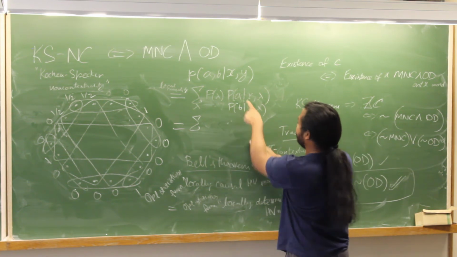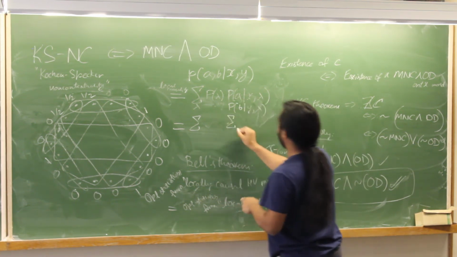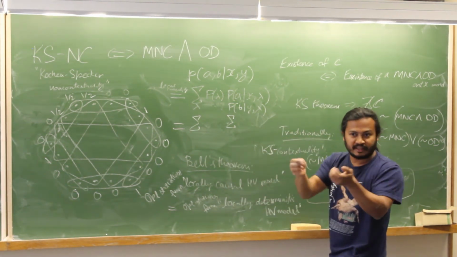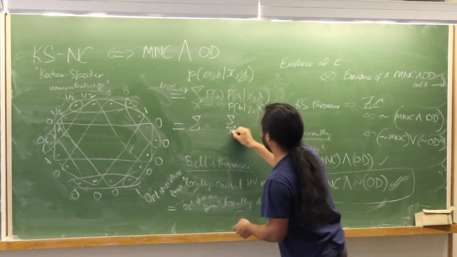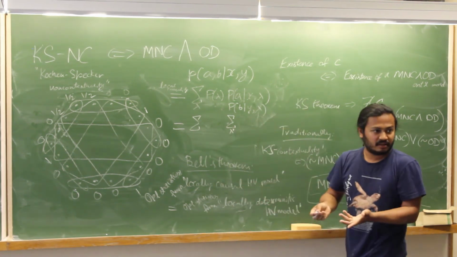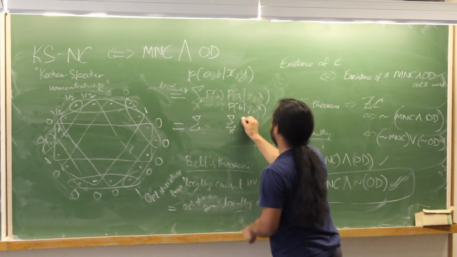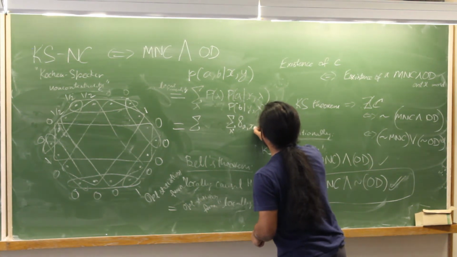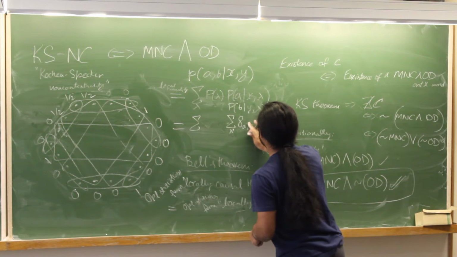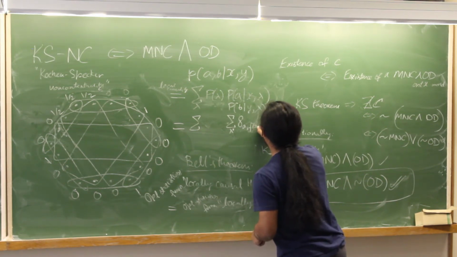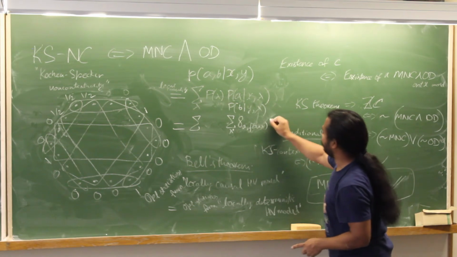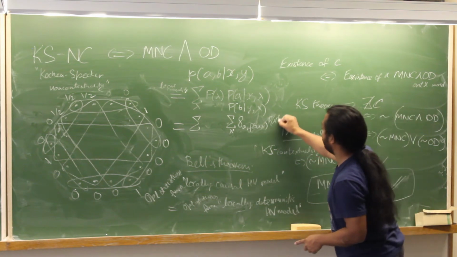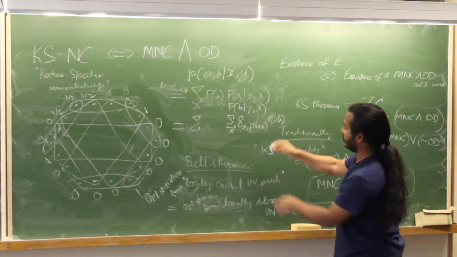I can think of this as a sum over some further specification of some local hypothetical variable, let's say lambda prime, which is local to the party A, and given this lambda prime, this A is completely determined, as some function of x and lambda prime, and there's some distribution over lambda prime given lambda, right?